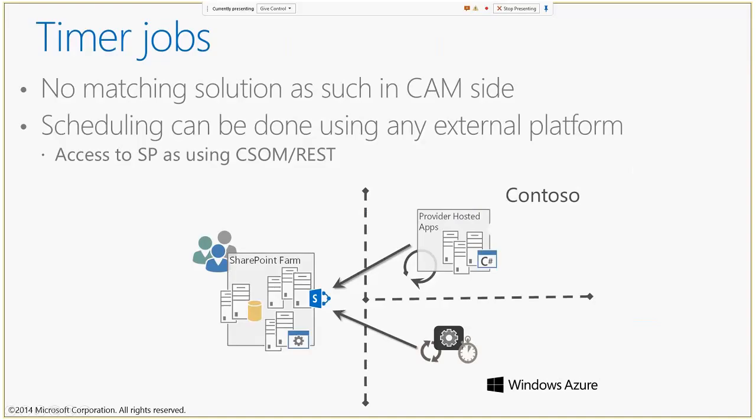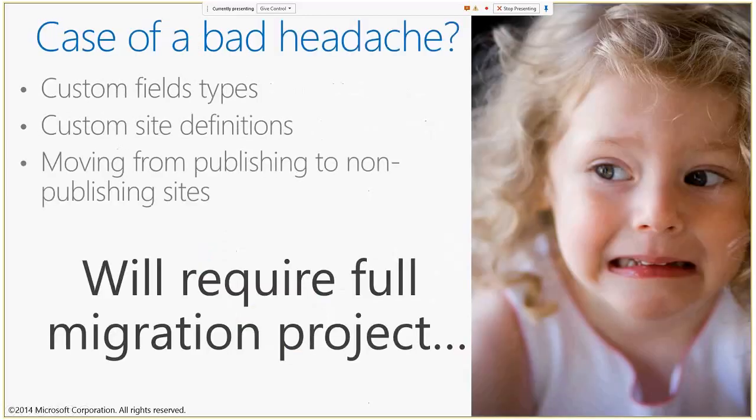The problematic things are these three. If you have custom field types, that's problematic because your existing structures and content are dependent on this custom field type, and that would mean a full migration project. If you're using custom site definitions, that would also mean a custom migration project.